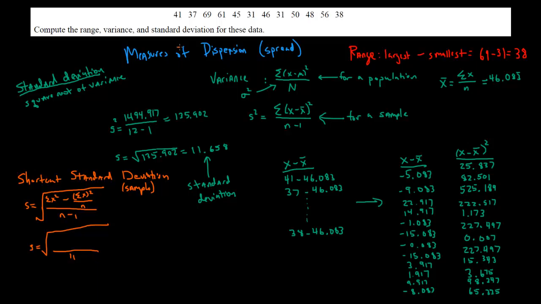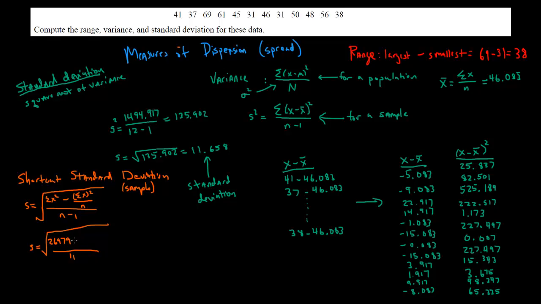That's the sum of the x squareds. Now this is a pretty big number. I probably should have made my square root sign a little bit bigger, but we'll make do. That is 26,979.